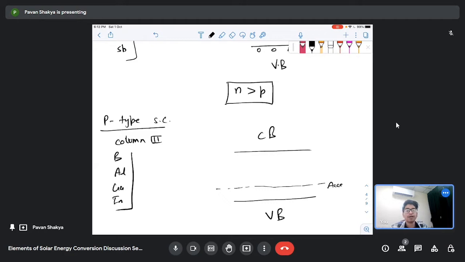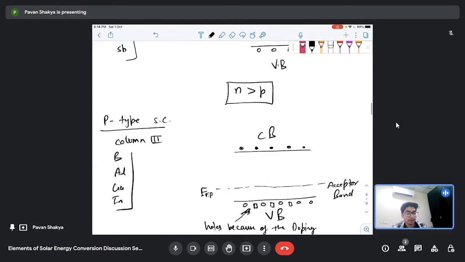A hole is not a different atom, it just represents the deficit of an electron. This one is the acceptor band, EFP. If initially there were few holes and an equal number of electrons, then because of the doping there will be an increased number of holes. These are the holes because of the doping.